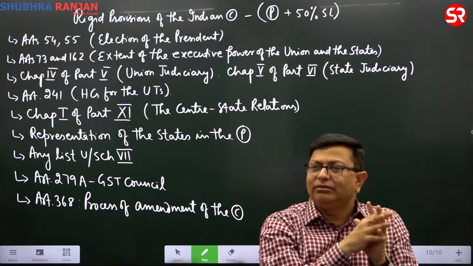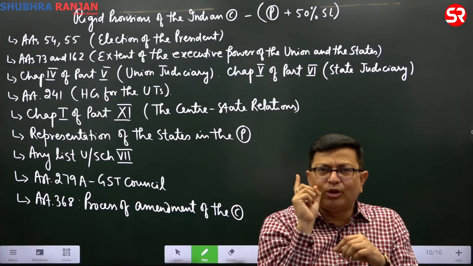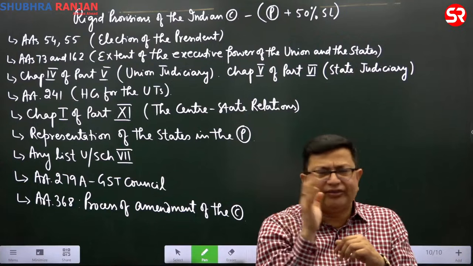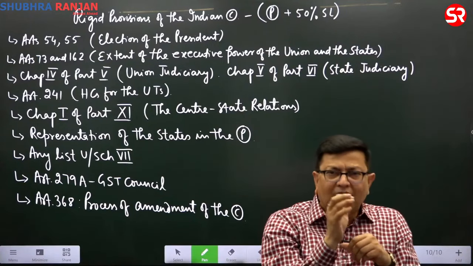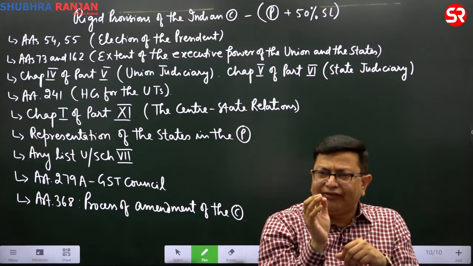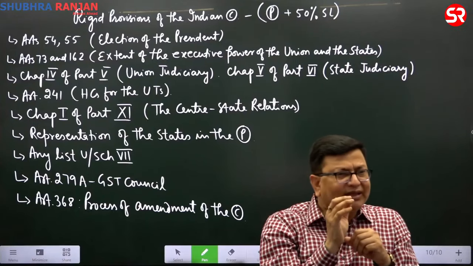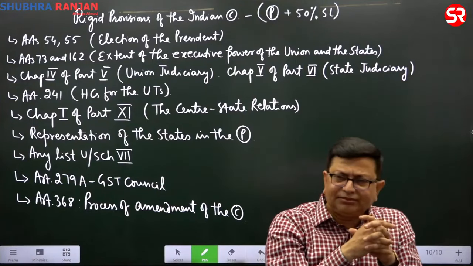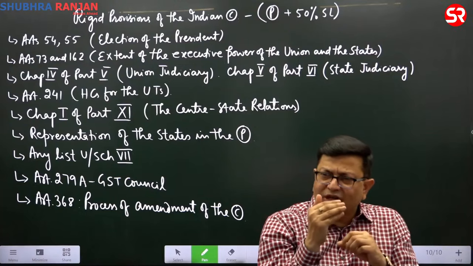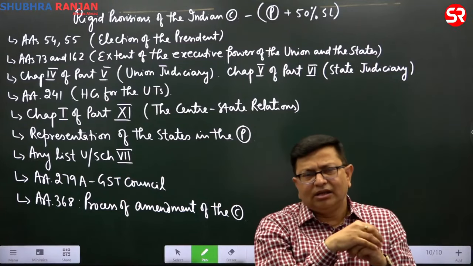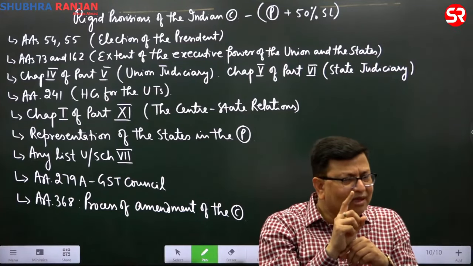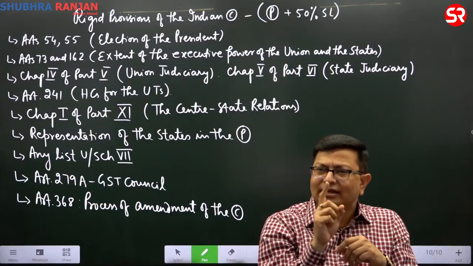For example, Articles 54 and 55 deal with the election of the president. In the election of the president, the elected MPs as well as the MLAs take part.